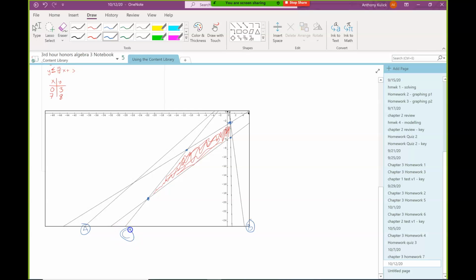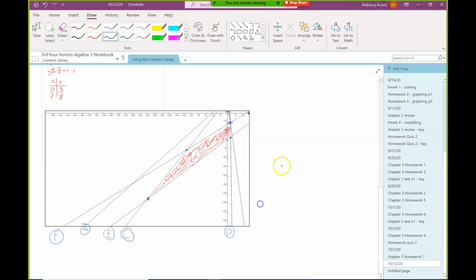This one is C. This one is D. This one is E. This guy is F. Oops.